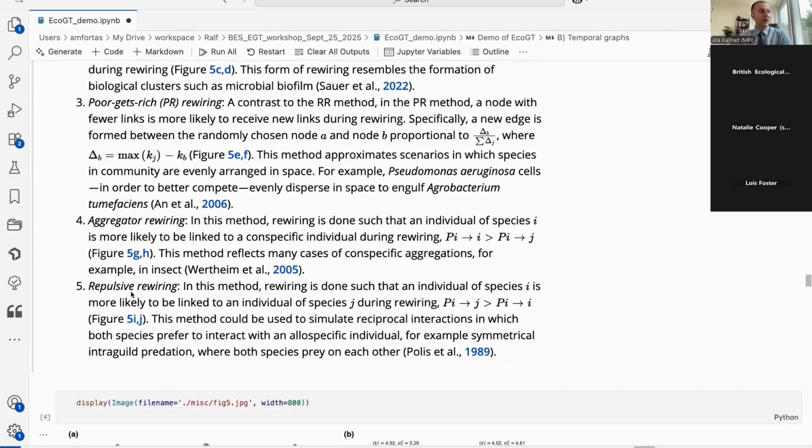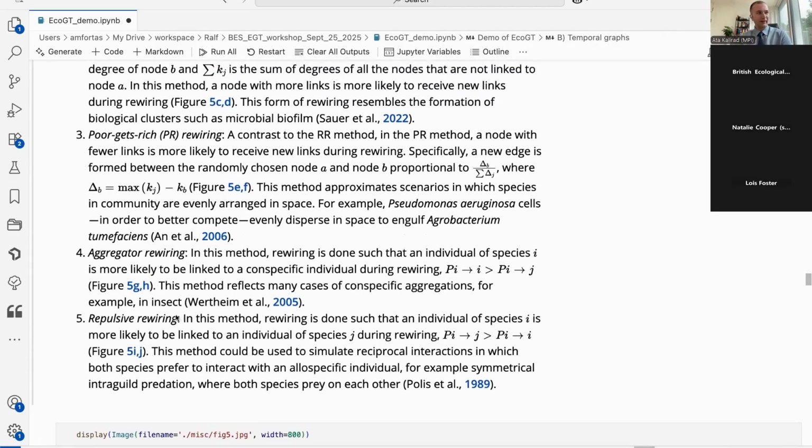And then the repulsive rewiring, so the idea is that the species prefer to be attached to allospecifics. So in this case, in the tools available associated with this model, you can actually do it in a way that one species just has no preference and just randomly attaches to others, and the other species prefers to be attached to nodes that belong to other species.